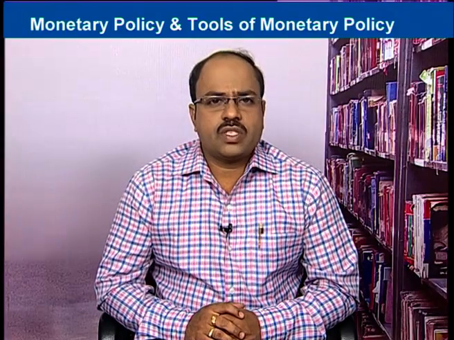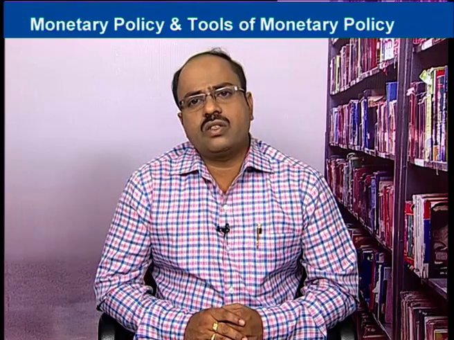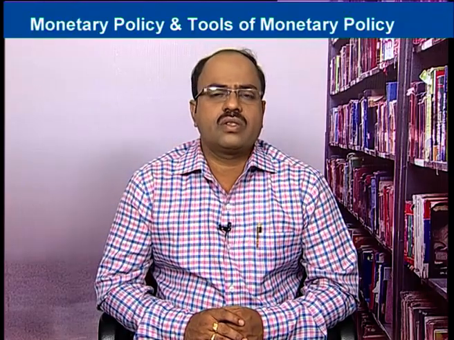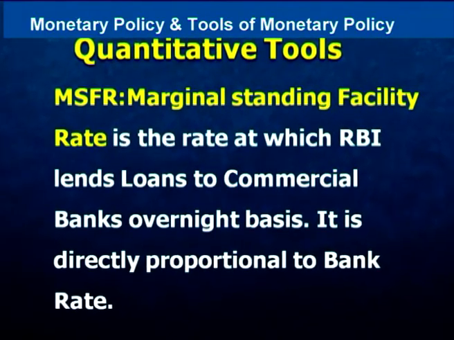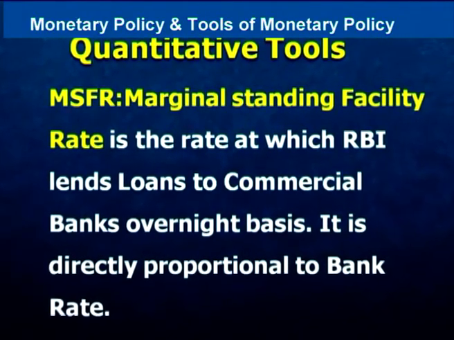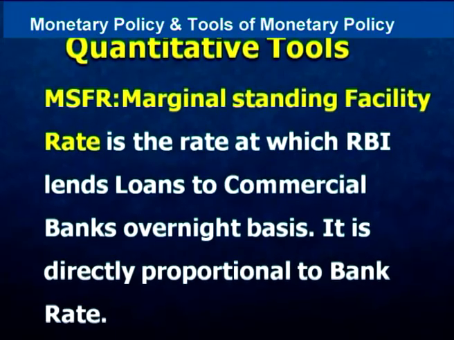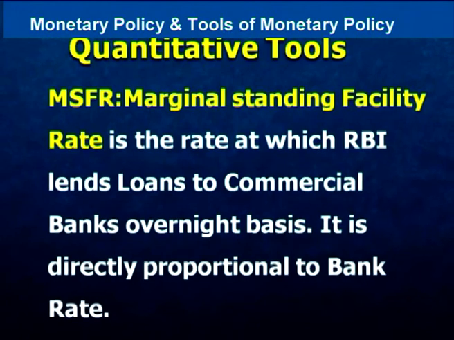But when it comes to the MSF rate, RBI lends loans to the commercial banks on an overnight basis, meaning today, as an urgent requirement. If the commercial banks need money, they can get loans from RBI at the MSF rate.